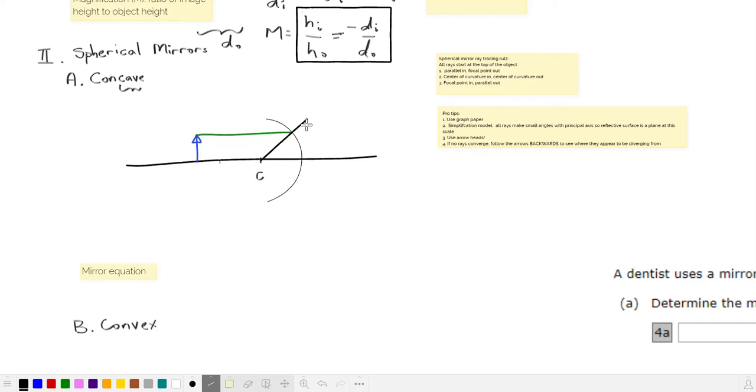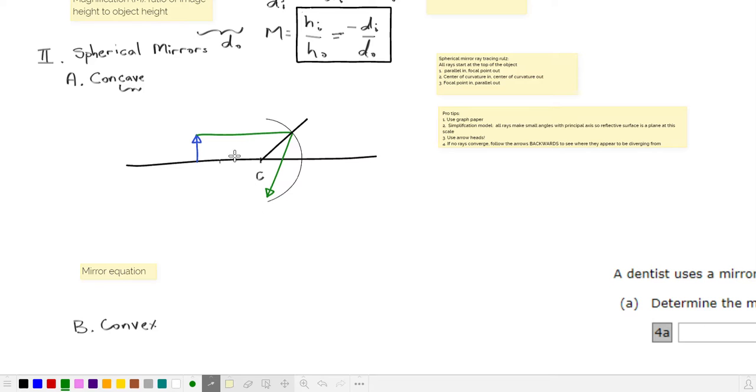So from the center of my circle, I know that this line is perpendicular to the surface. So if I do my angle of incidence equals angle of reflection, that means my reflected line would have to look something like that. I broke my rule. I should say always use arrowheads.